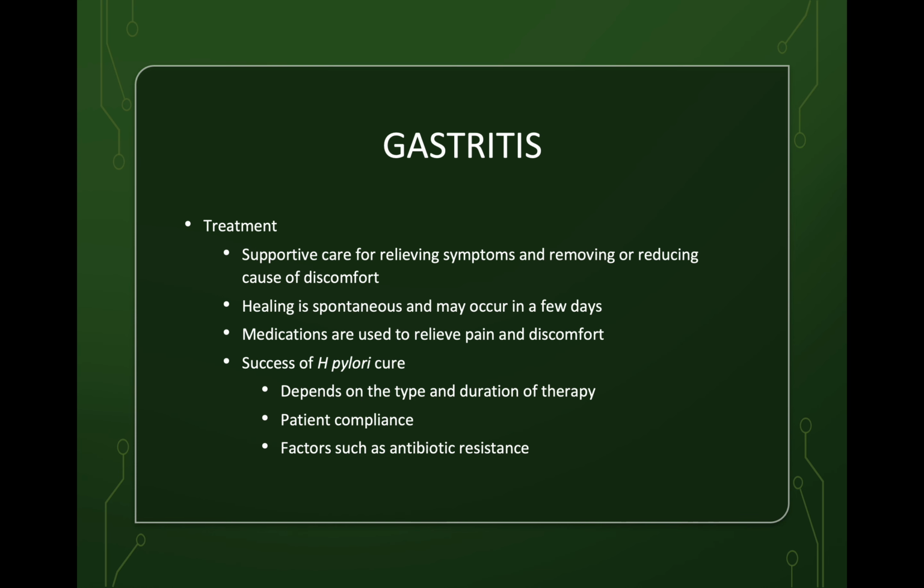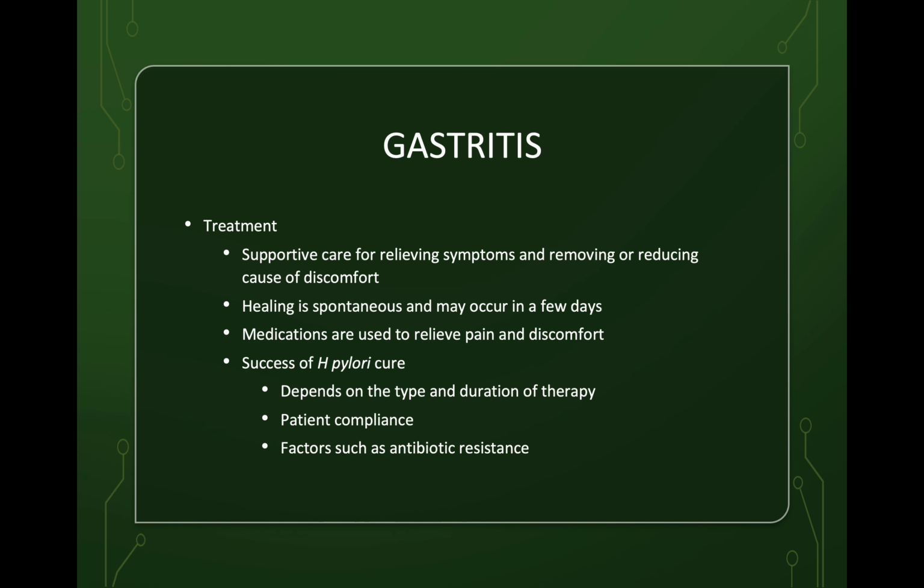There are other types of things that we can use that help buffer the acid. They don't really stop the production of acid, so they don't really get rid of the problem, but they can help with the discomfort. That would be things like your antacids, things like Tums and Rolaids. These types of preparations use a calcium or a magnesium component to neutralize the acid.